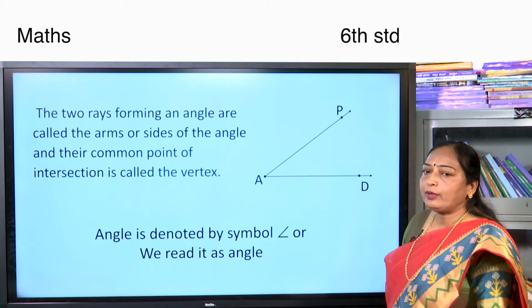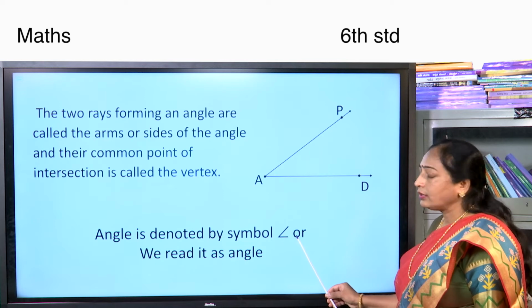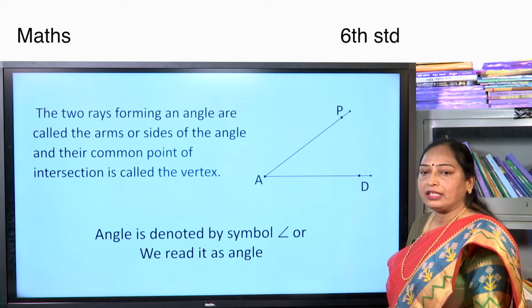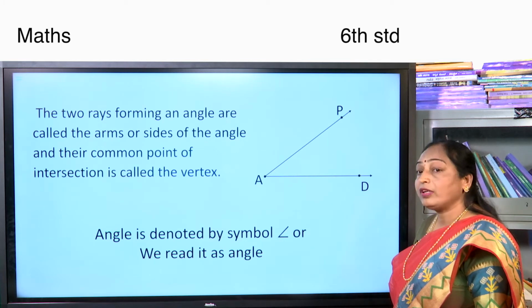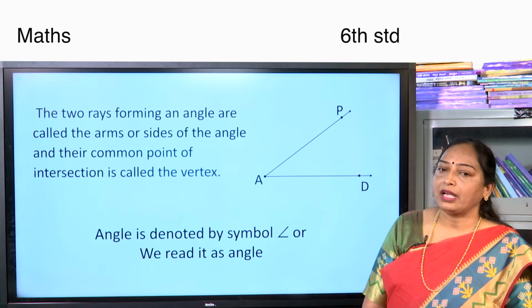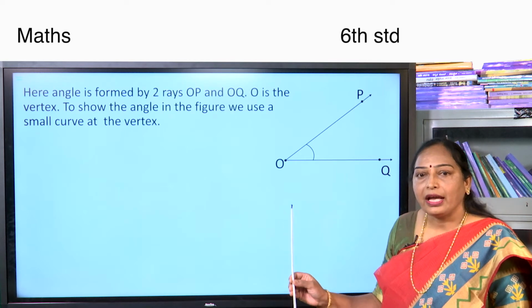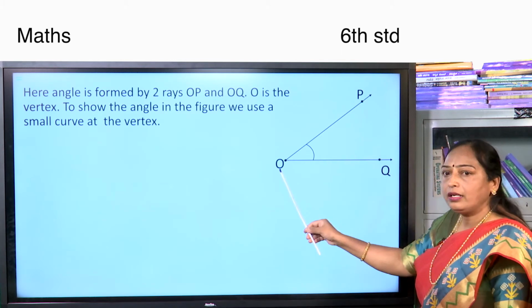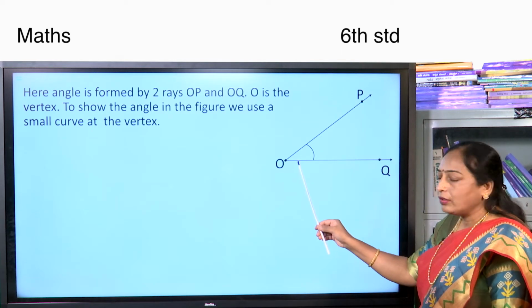An angle is denoted by this symbol, and we read it as angle. How can we read this angle? Let us learn how to read the angle. Here the angle is formed by two rays OP and OQ. O is the vertex.